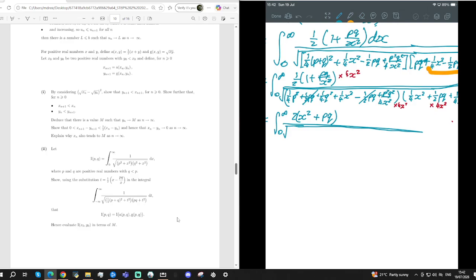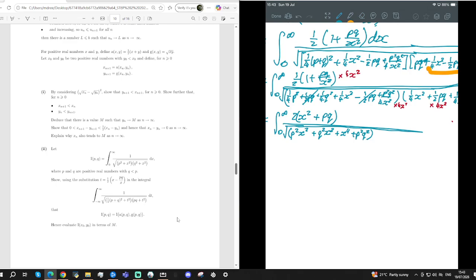So let's actually do that down in the denominator. So in the denominator here is going to be p squared x squared plus q squared x squared plus x to the 4 plus p squared x squared. And that still doesn't look very nice at all.